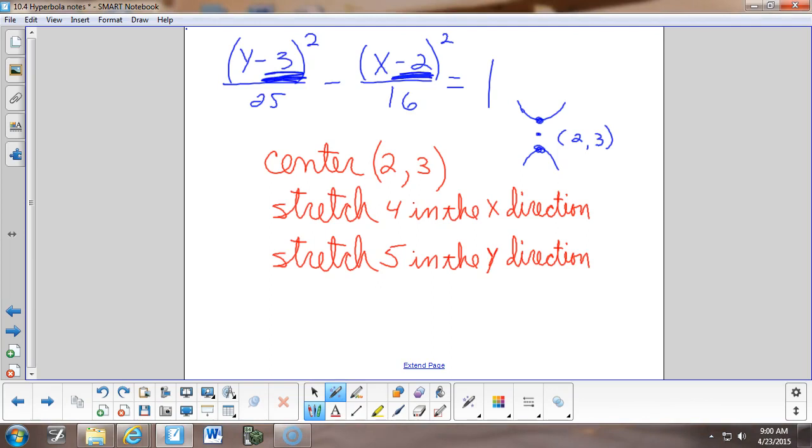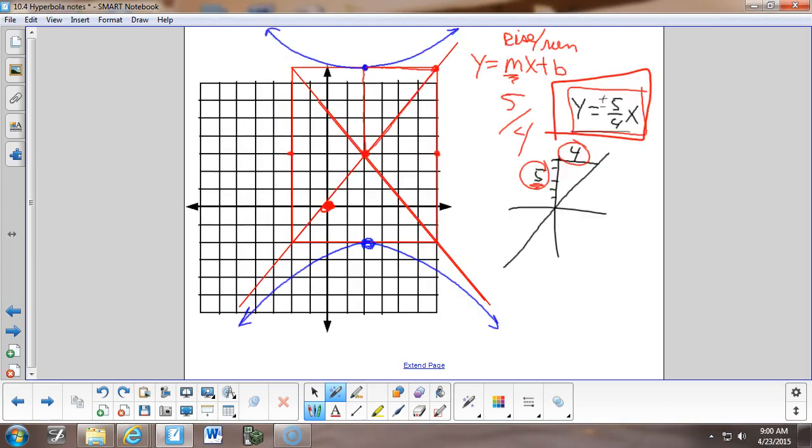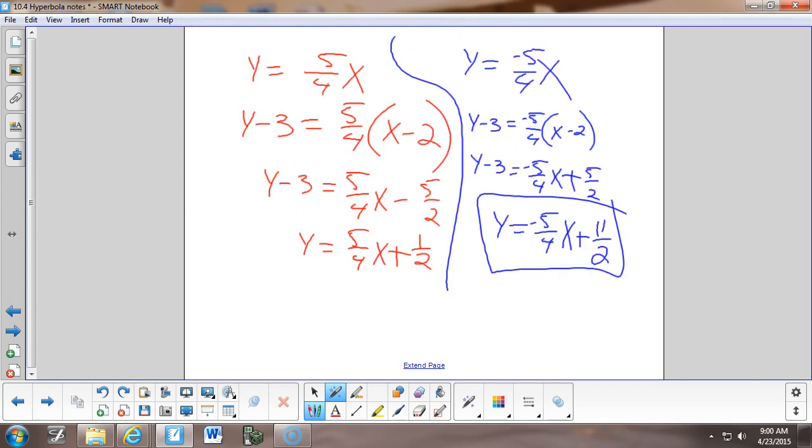So what I need to do to the equations that I have for the asymptotes, let me go back to where I was, is I have to shift them in the exact same way. So I'm going to take out this x value and replace it with the exact same shifting that the graph got shifted. Look at the original equation.